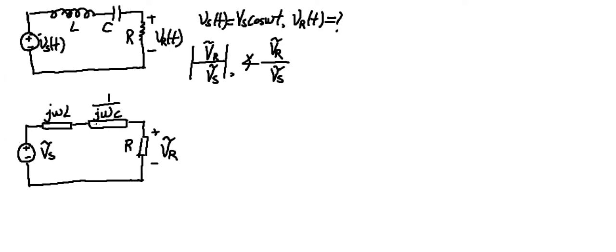So now let's analyze this circuit. As you can see, after you utilize complex impedance, this is just like a voltage divider. You can just treat the inductor and the capacitor like a regular resistor.